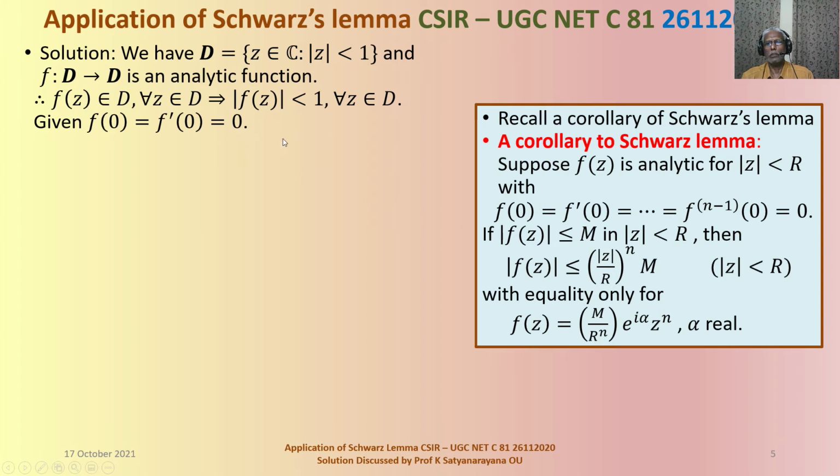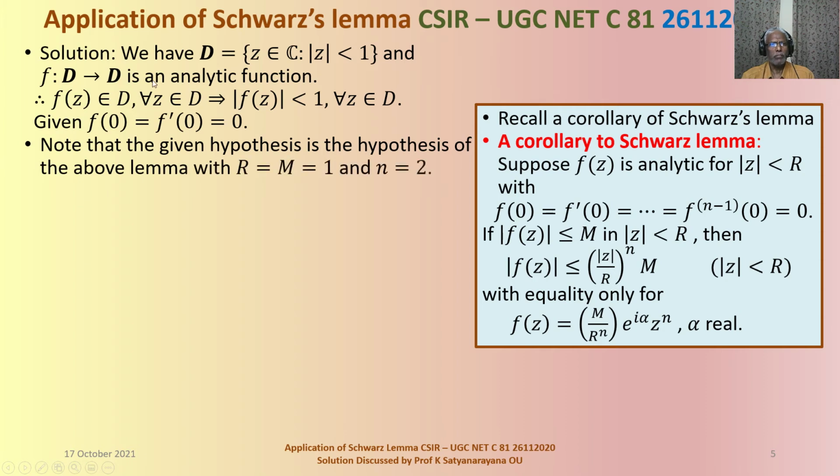In our case n is equal to 2 and mod of f(z) is less than or equal to M for mod z less than R. So mod of f(z) is less than 1 for all z belonging to D, that is mod z less than 1. So therefore M is equal to 1. So the given hypothesis of our problem is the hypothesis of this corollary to Schwarz lemma with R equal to M equal to 1 and n equal to 2.